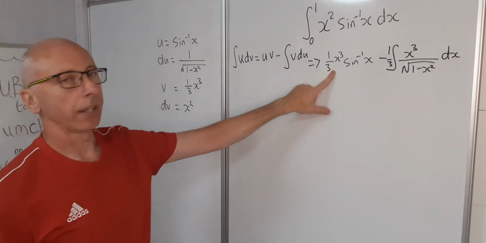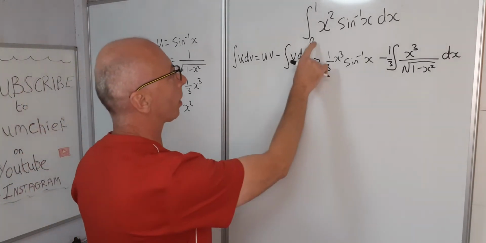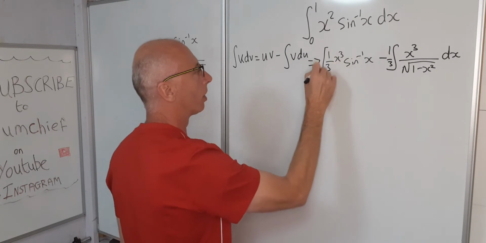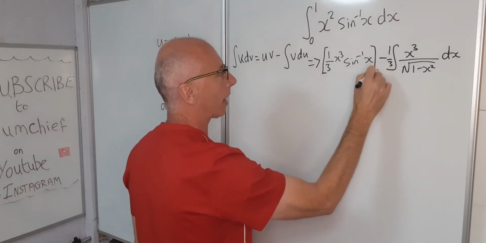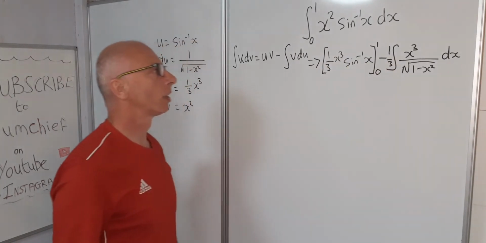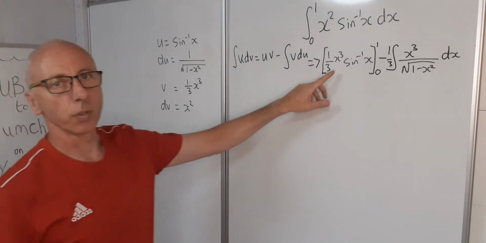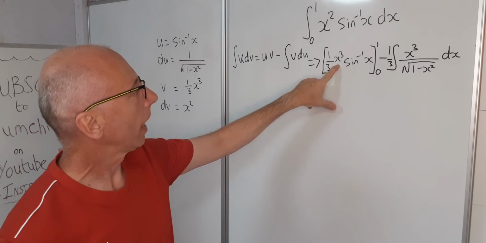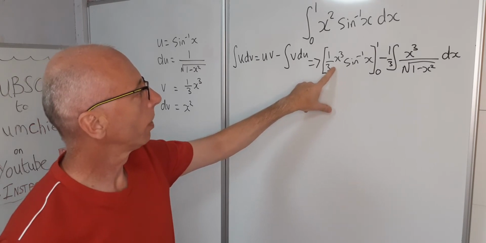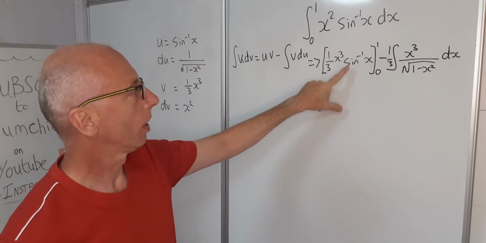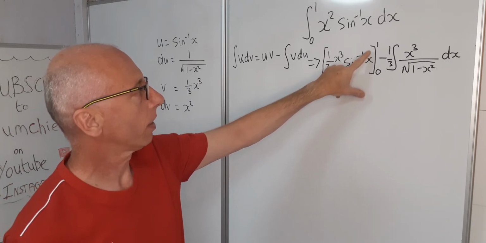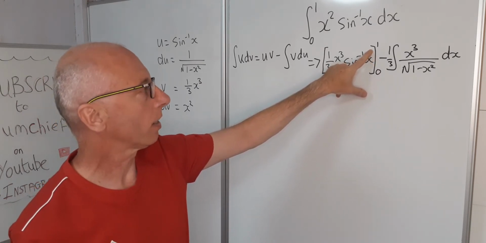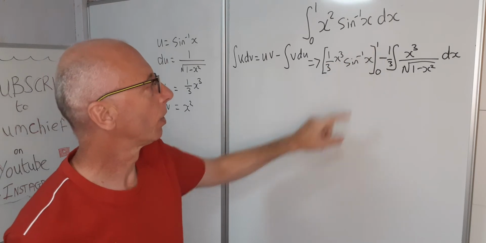Okay, now this one here is part of the answer, so with the parameters of integration we can evaluate that from 0 to 1. So when we have 1 in here, 1 cubed is 1, times a third is a third. Inverse sine of x, when x is 1, that's pi over 2.